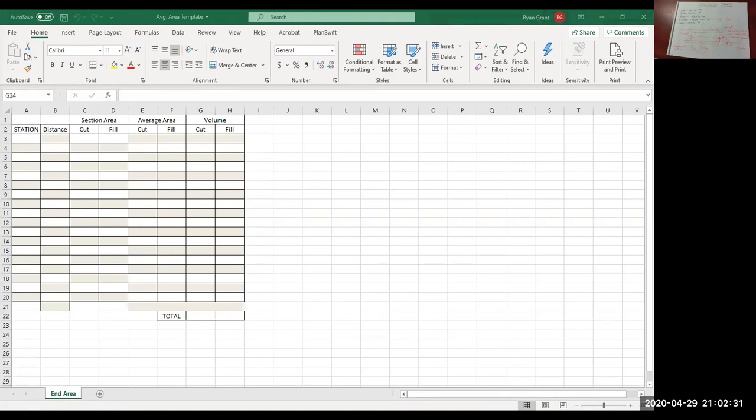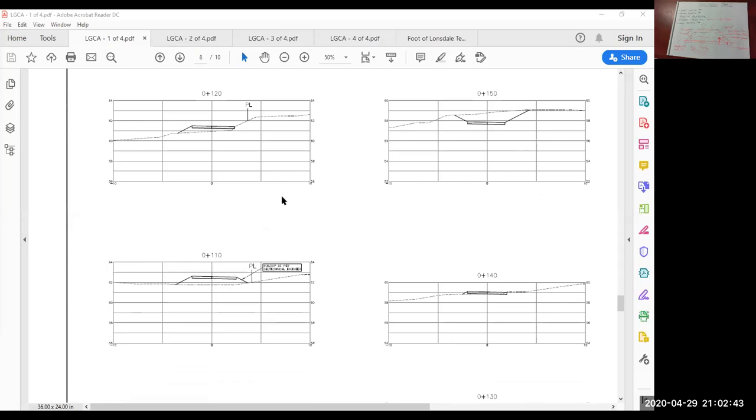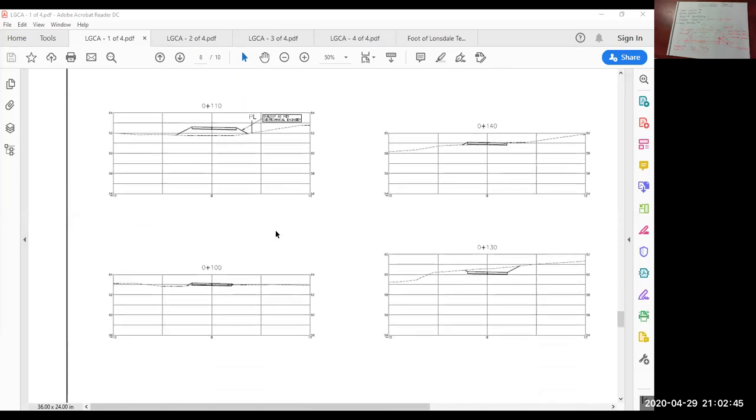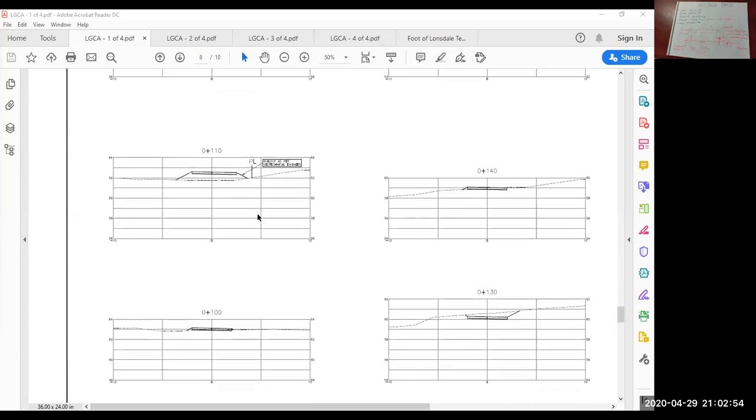Here it is. Okay. These are the cross sections for the access road that you have in your drawings package. So this is sheet 8 of 10 in the PDF.